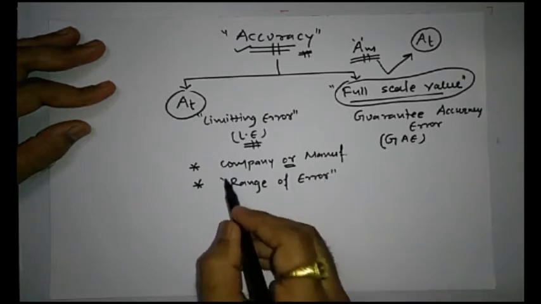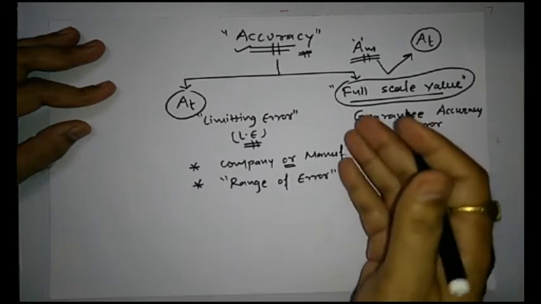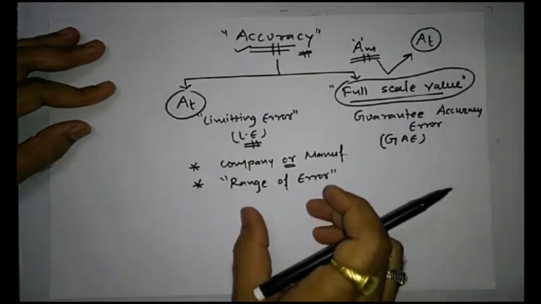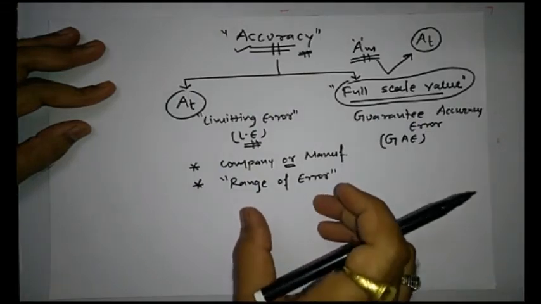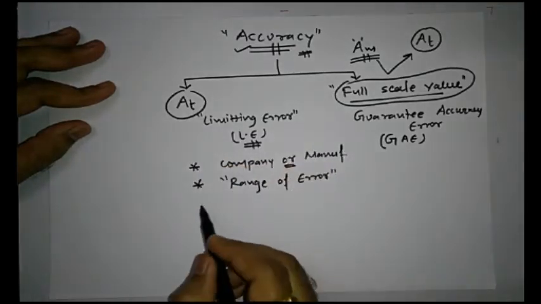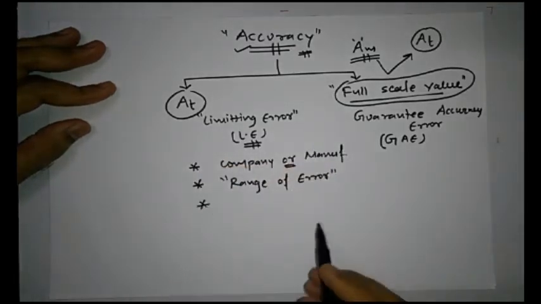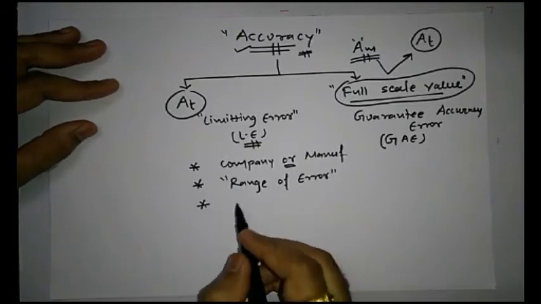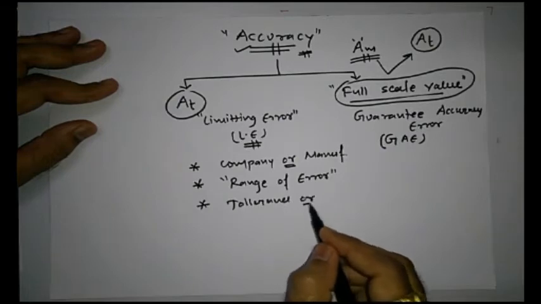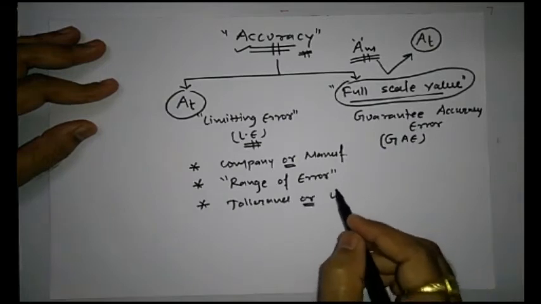If we use that particular instrument for measurement purpose, what will be the range of error, or what will be the range of reading? We can calculate with the help of limiting error. And sometimes limiting error is also known as tolerance or uncertainty in the measurement.